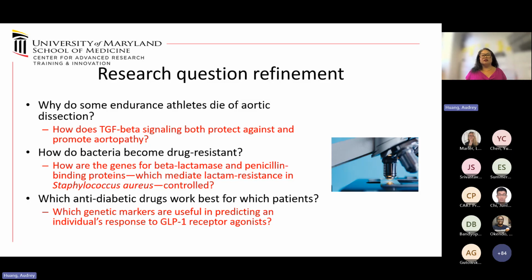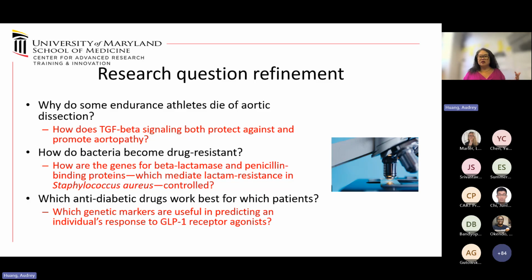We do know that it expresses genes for beta lactamase and also penicillin binding proteins. We do know that it becomes desensitized to lactam class antibiotics. So maybe the transcription of these genes is being altered somehow to mediate Staph aureus resistance to beta lactam drugs. So maybe the question is, what's changing the regulation of these genes to mediate the drug resistance?